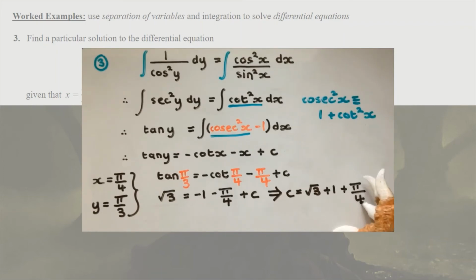We are now in a position to write out the particular solution. We're not asked to give it in a particular form where y is the subject, which is nice in this case. So we'll just write out the full solution.